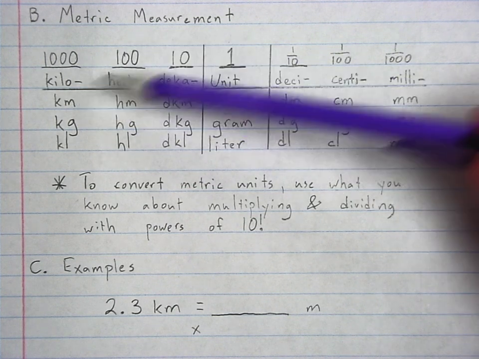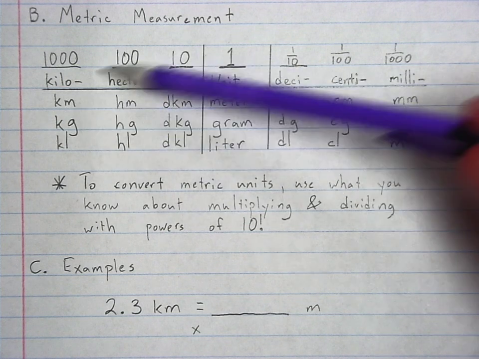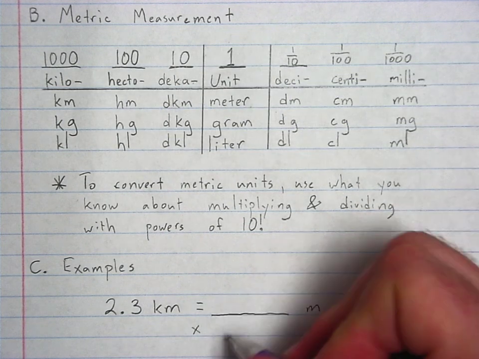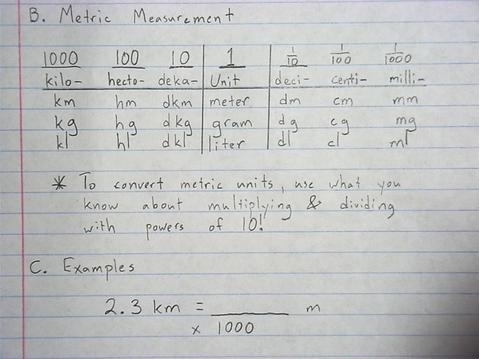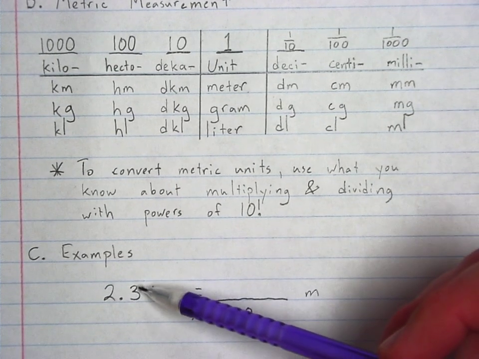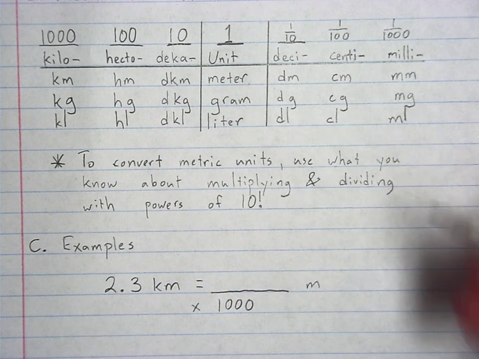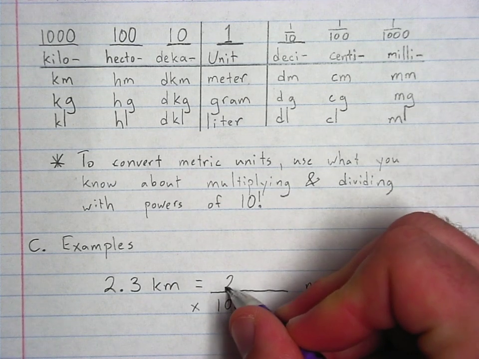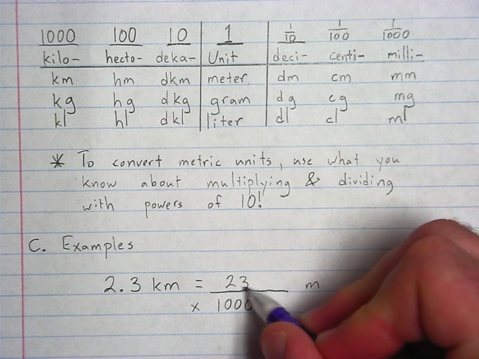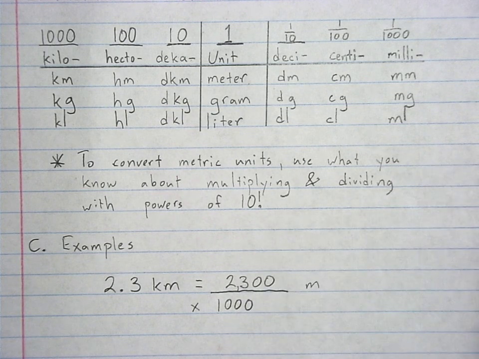To get from here to here, 1, 2, 3 jumps means 1, 2, 3 zeros, which means I'm multiplying by 1,000. That means all of this is going to shift over to the left 3 spots. So your final answer should be 2,300 meters.